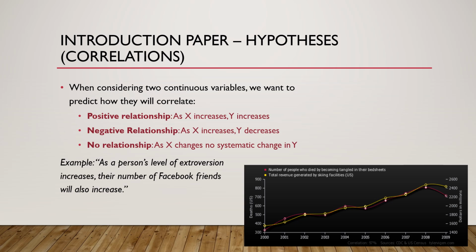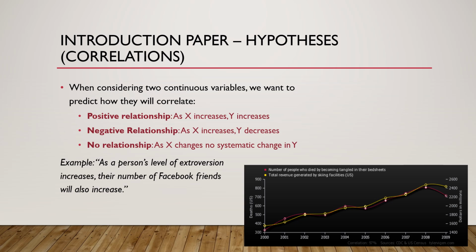And there's a couple of different ways this could come about. You could have a positive relationship where you see that as x increases, that is, one variable increases, how does the other change? Does it also increase? You could have the inverse, the negative relationship, where as one increases, the other decreases. There's kind of opposite effects, but still related to each other.